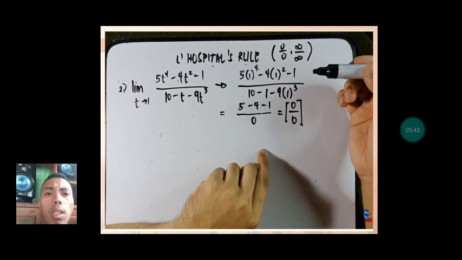So we simply substitute it directly to test whether it gives the indeterminate form that we have discussed earlier. So, 5 times 1 to the fourth, because we substitute 1, minus 4 times 1 squared minus 1, over 10 minus 1 minus 9 times the cube root of 1, equals 5 minus 4 minus 1 equals 0. So as you can see, we arrive at our step 1 answer, which is 0 over 0.